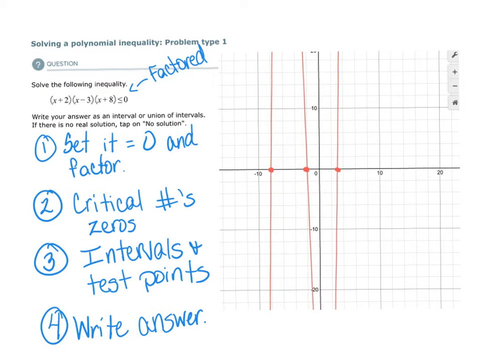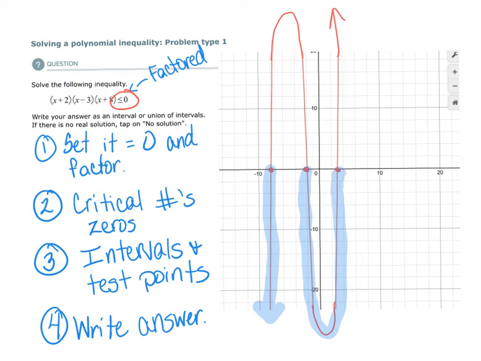Now this graph continues to go up like this, and then it's got a loop down here, and then it goes all the way to infinity. What we are looking for is when is this graph less than or equal to 0. So when we look at the graph, we can actually tell what our answer is going to be. Our answer is going to be all of this area that falls under the graph.